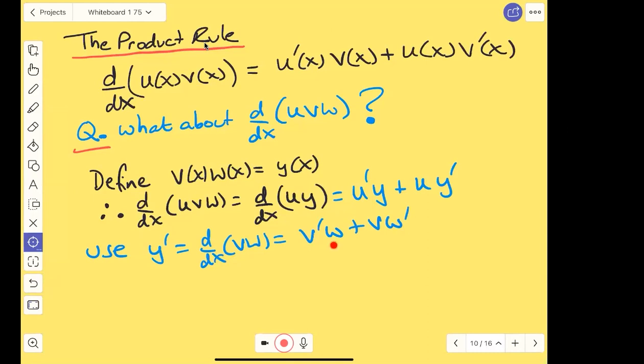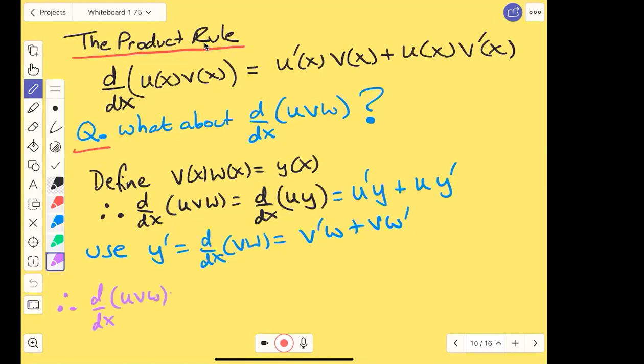And now we just substitute that into here, and here we'll replace y by v times w. And what we obtain is that the derivative of u times v times w is, well, our first term is the derivative of u times y, which is vw.